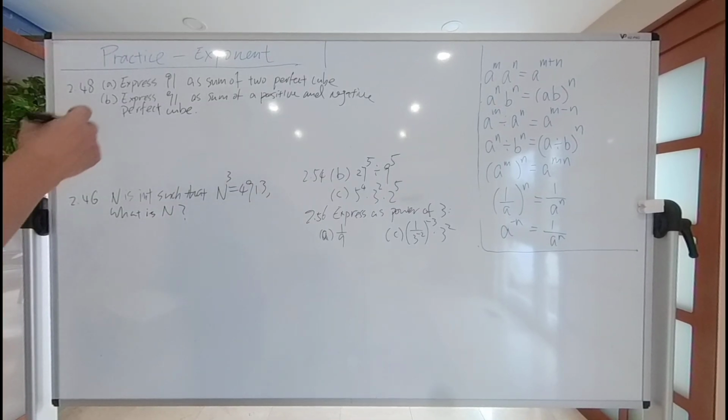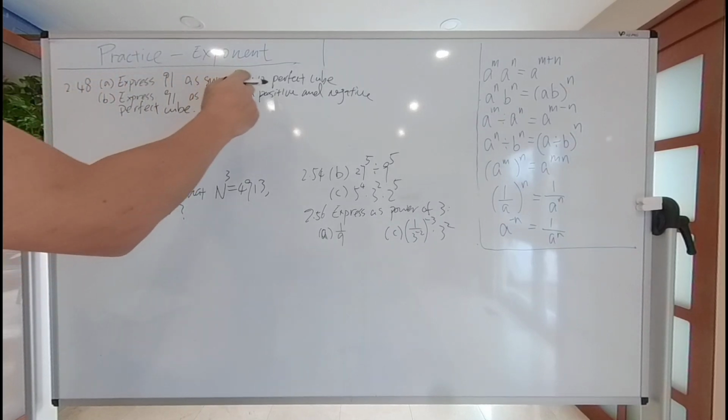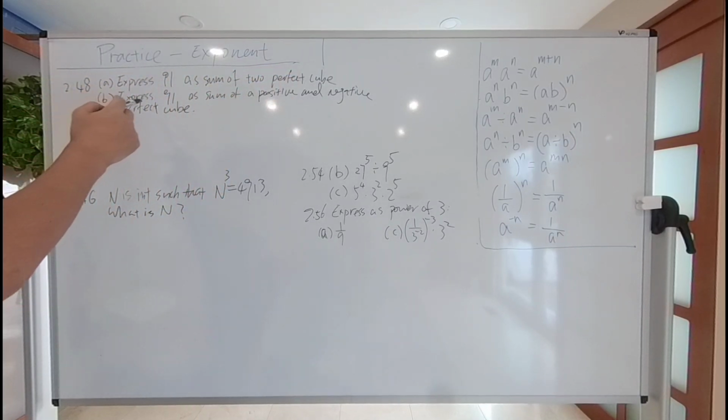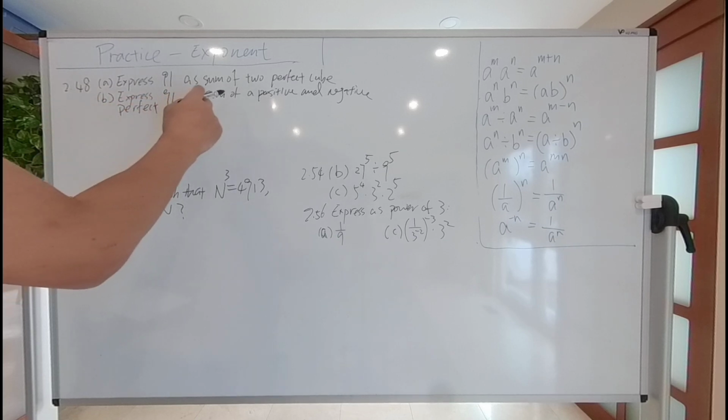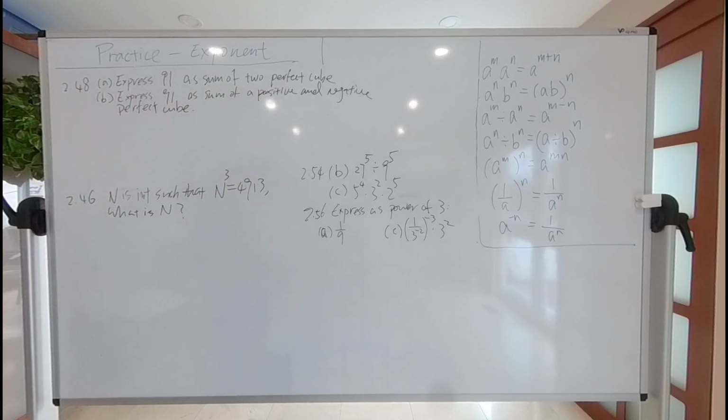Next question. Express the number 91 as the sum of two perfect cubes, and then express 91 as the sum of a positive perfect cube and a negative perfect cube. Anyway, we need to deal with perfect cubes, and we need to know if there are two numbers that can add up to 91.